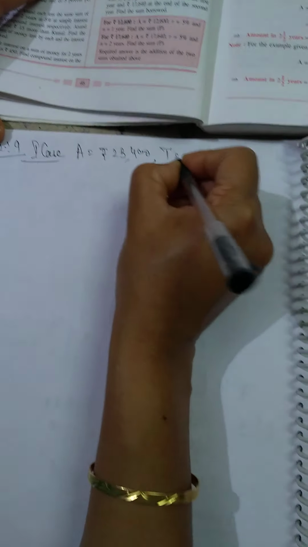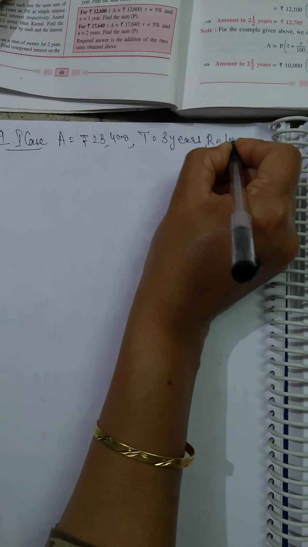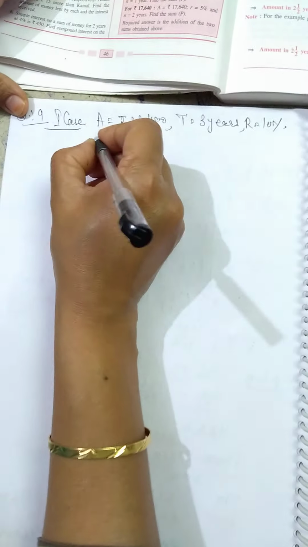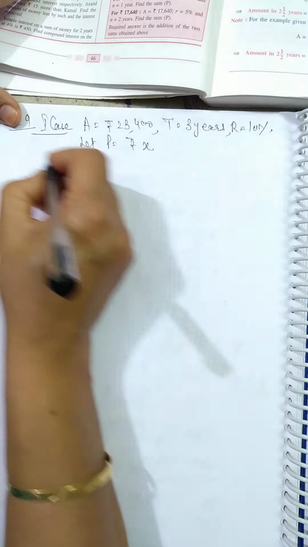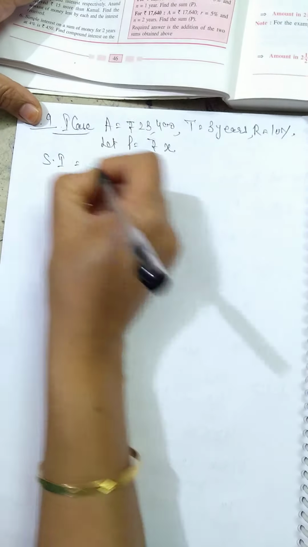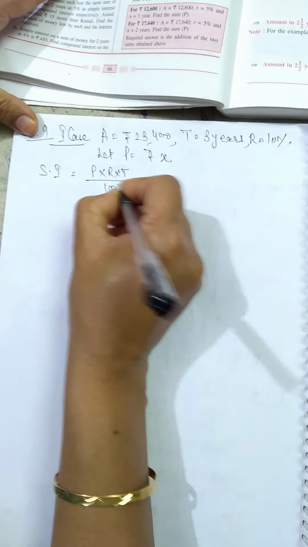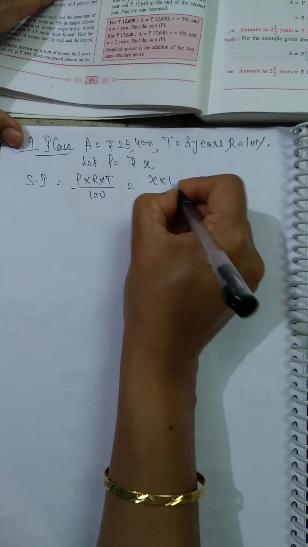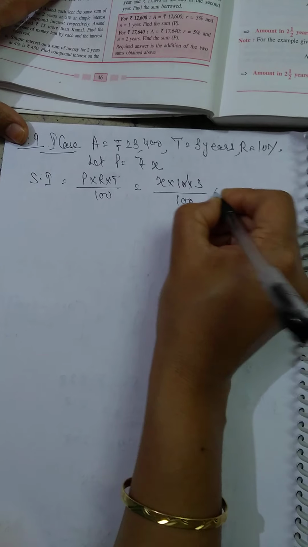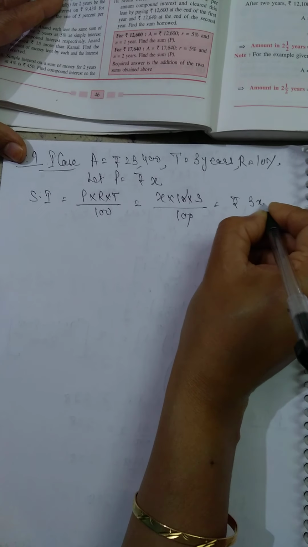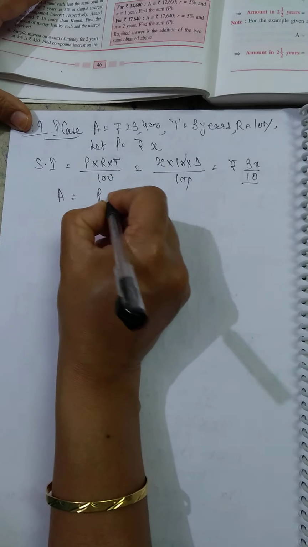23,400, time 3 years, rate 10%. Let principal is rupees x. So apply the formula for simple interest. Put the values. We have given the amount.